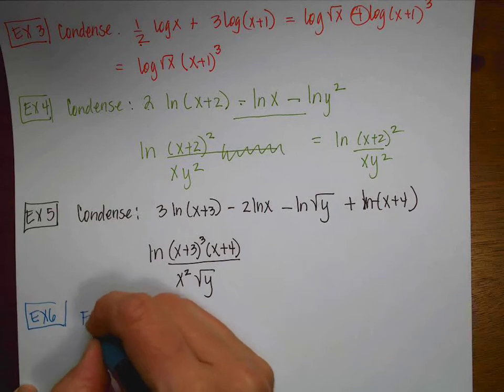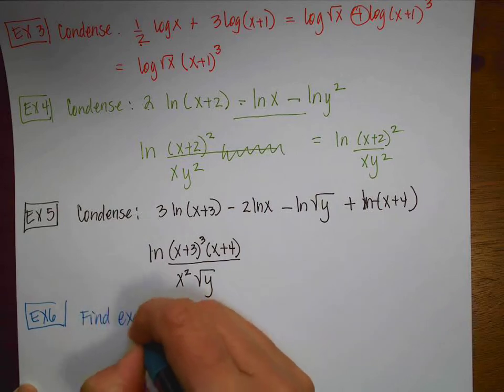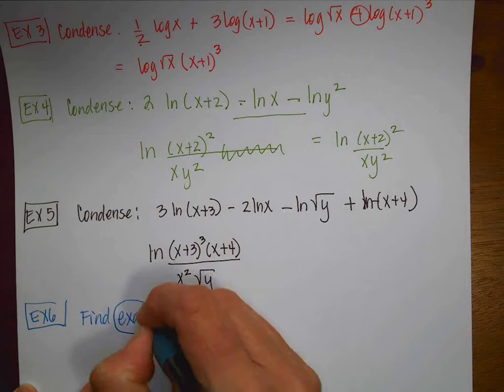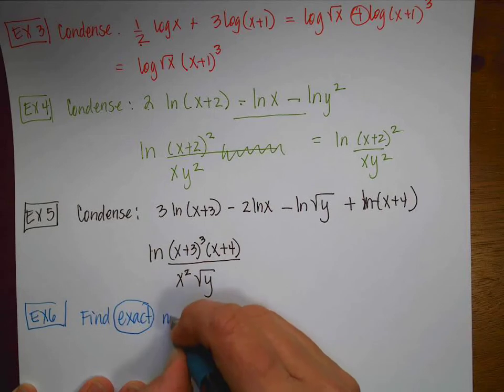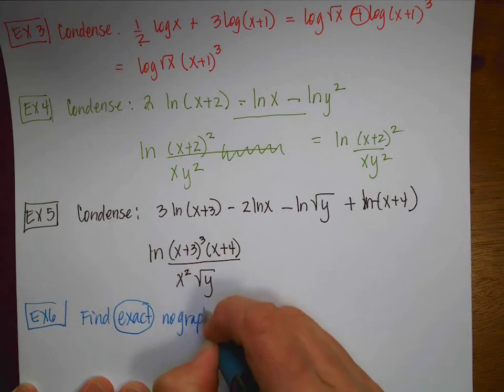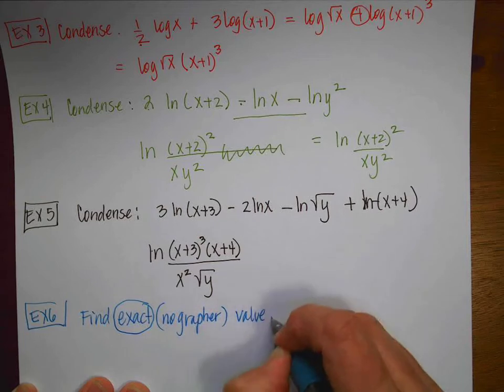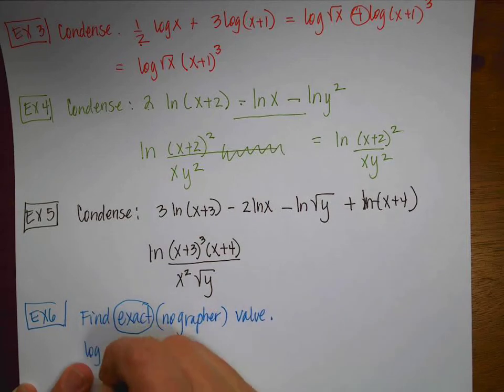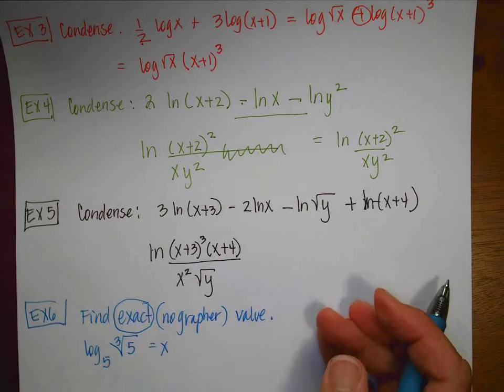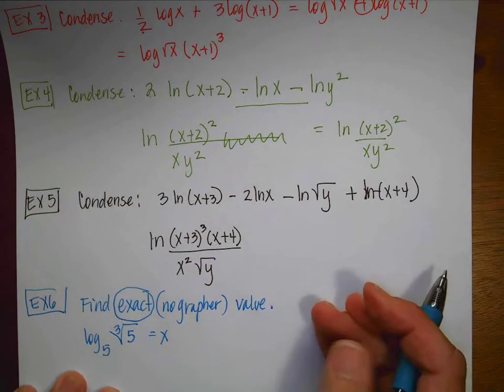Example 6 is going to say find the exact value, and remember when you see the word exact, that means no grapher. I'll just write that down in case you forgot. The function is going to say the log base 5 of the cube root of 5 is equal to x.